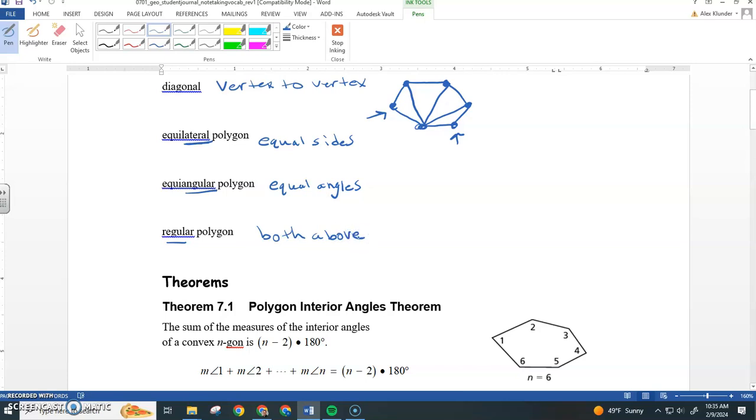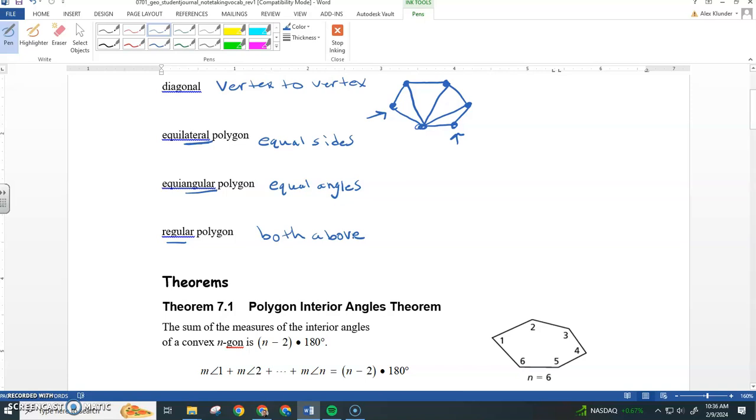Meaning, a regular polygon is a polygon that is equilateral and equal angular: it has equal sides and equal angles. And really, regular polygons are what you imagine when you think of a polygon. When you have your basic geometric shapes, maybe when you're in kindergarten or first grade, almost all of them tend to be equilateral, equal angular, regular polygons.